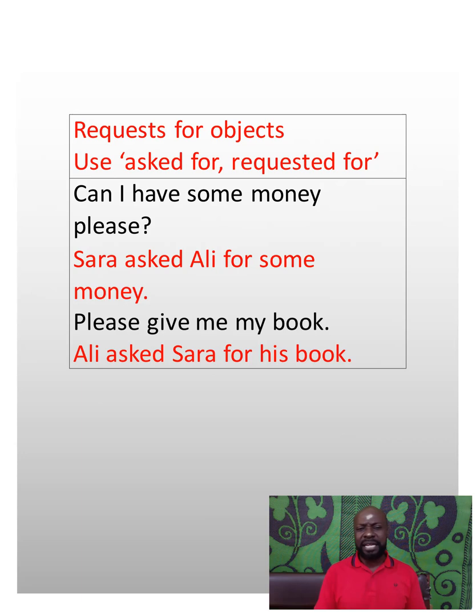Can I have some money, please? Sarah asked Ali for some money. The important thing is money. This one. Ali asked Sarah for his book. Ali asked Sarah to give. If you say to, you put a verb.